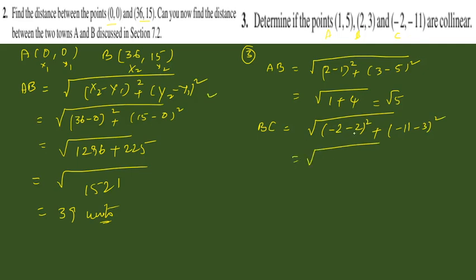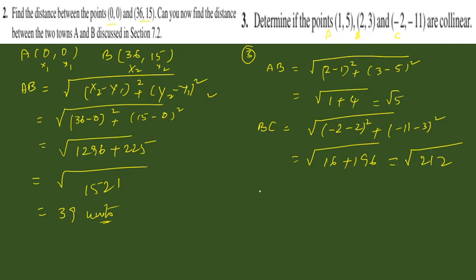So here you get minus 4 square, that is 16, plus this is 14 square, and it's 196. Can you check this once again: minus 2 minus 4, and minus 11 minus 3 is 14. 196 plus 16, if you do this you get 212, and there is no relation with this 2.